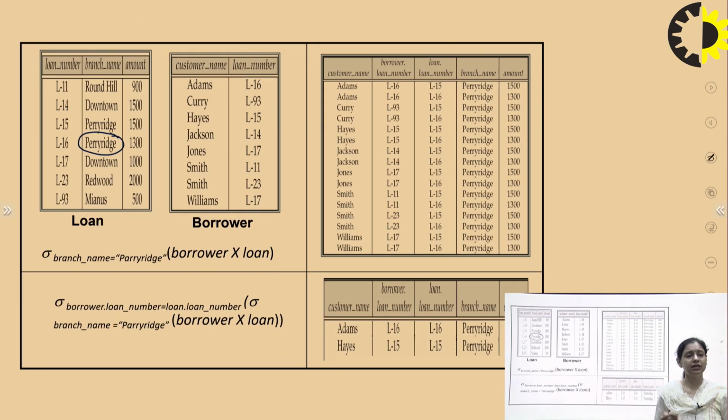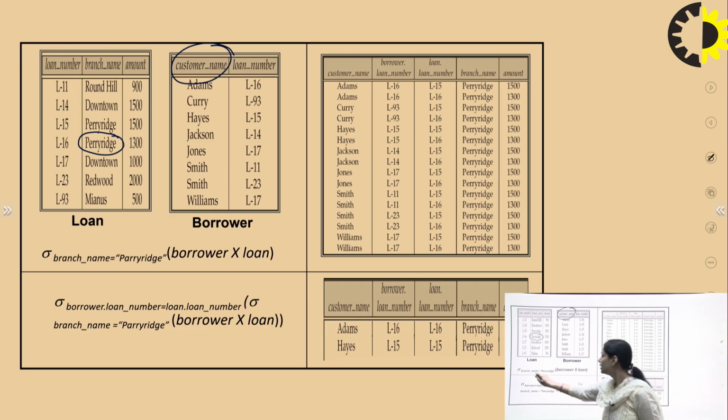Finding out the name of the customers is in the table borrower. So, we need the combination, both the attributes together to be displayed. That is why we'll take the branch name as Perryridge with the Cartesian product of the two, borrower times loan.